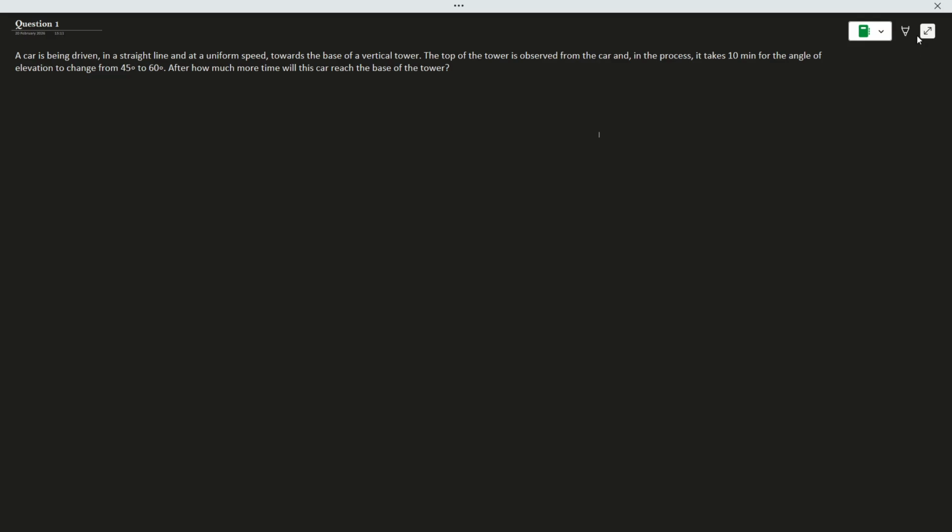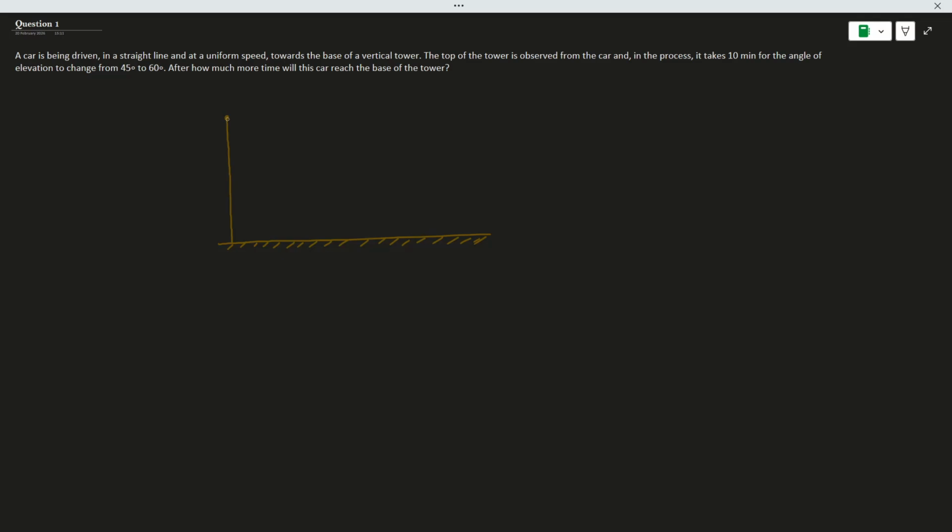All right, let me first draw the diagram. Suppose this is the tower, this is the ground level, and this is the top of the tower.